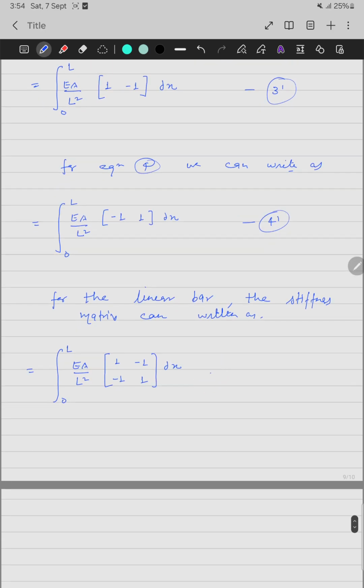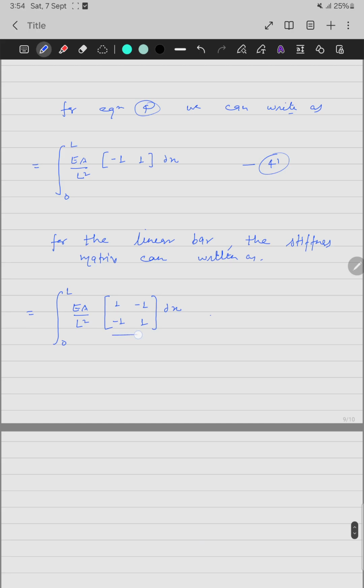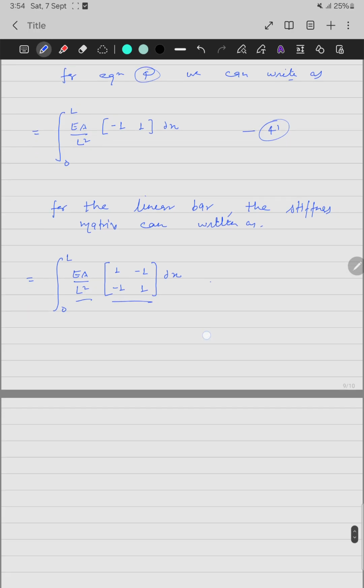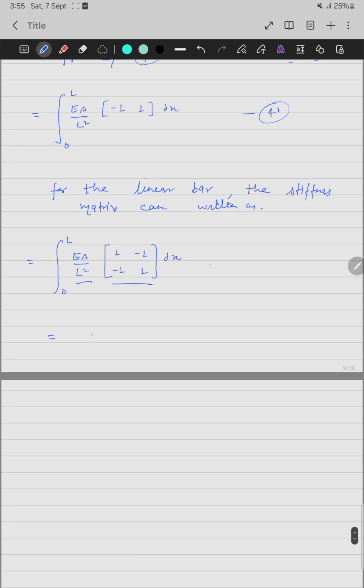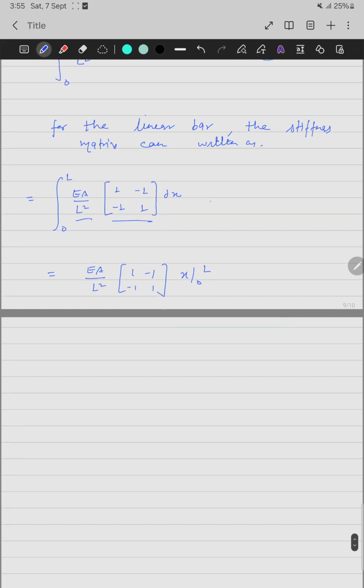Here also it is not required. Now we have this constant matrix, we have this constant term. Now we can easily integrate this term, so we will get EA by L square, matrix 1 minus 1 minus 1 1, and x limit from 0 to L, so we'll get L, so one L will be cancelled.